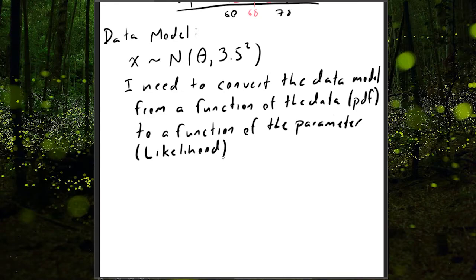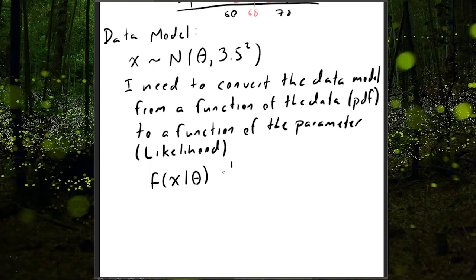And the way we get the likelihood out of the PDF is it's just the same. You write all the same terms. It's just the likelihood is now a function of the parameter instead of the data. So for example, if I've got this data model for x, then f of x given theta would be, okay, so that's my variance term.